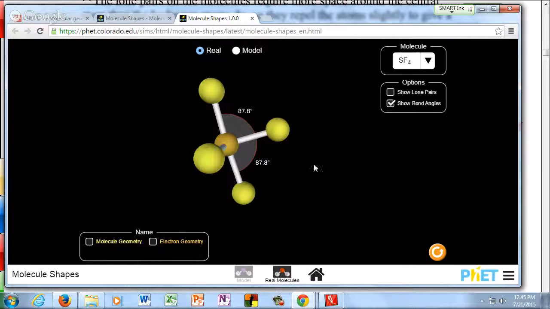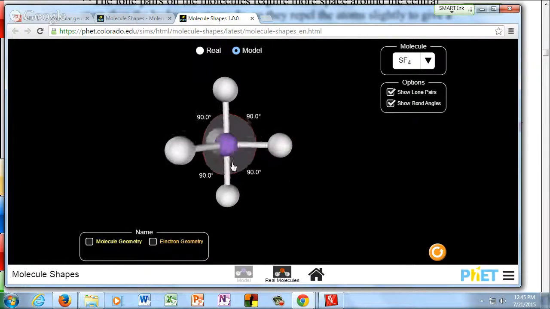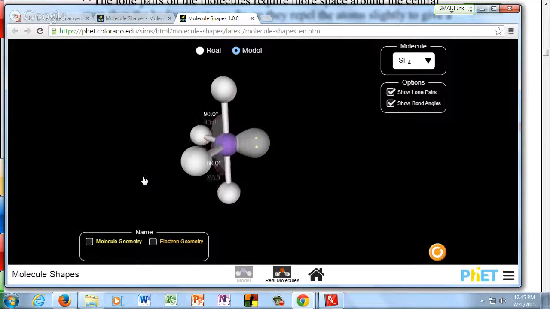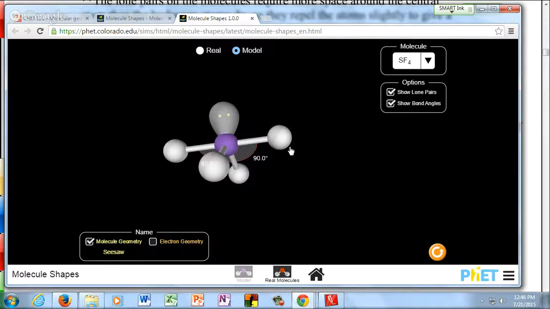If we move to SF4, we see, and we can show the lone pairs, that the lone pair ends up on one of those equatorial bonds sticking out the side. And we call this shape seesaw, because if you kind of put it this way, it looks like a seesaw that goes back and forth at the playground. So that's seesaw shaped.